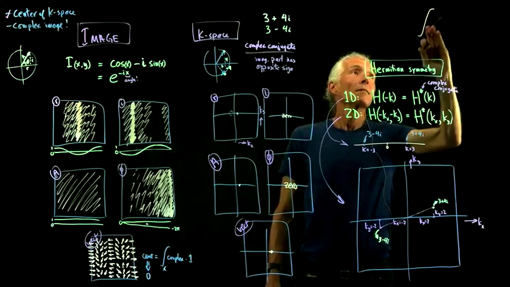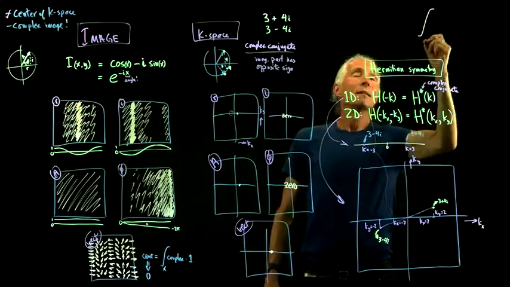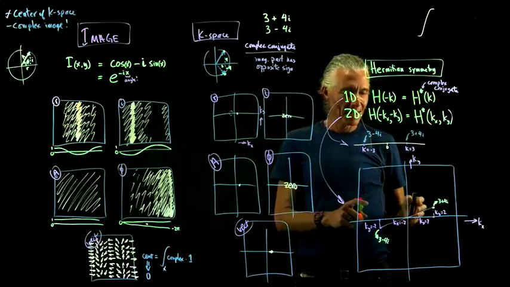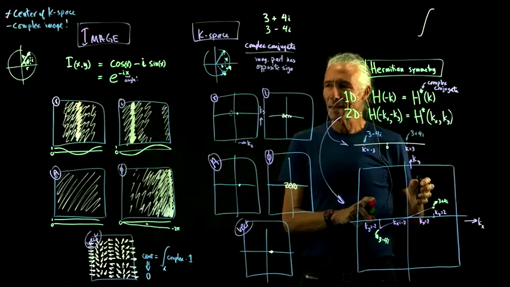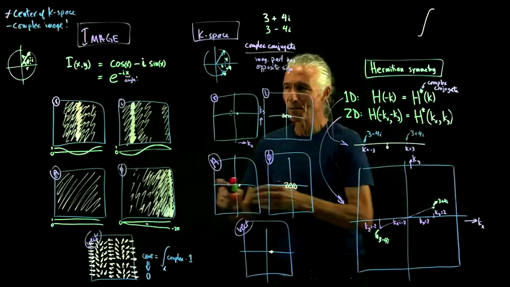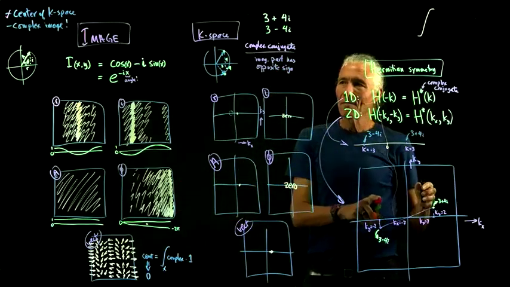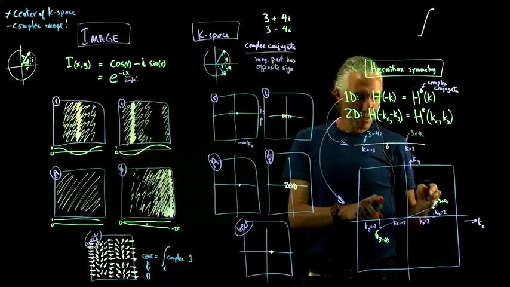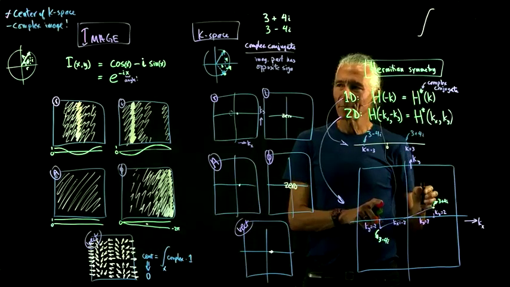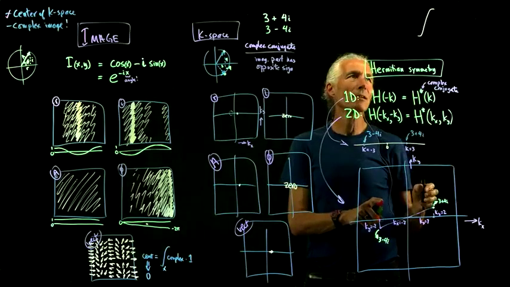So we're thinking of it as inverse Fourier transforming k-space back to a real image. So how do all these points in k-space with large imaginary components, how do we get rid of the imaginary components?